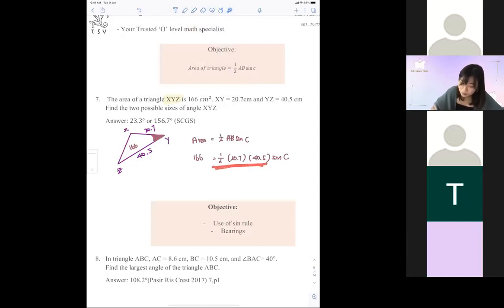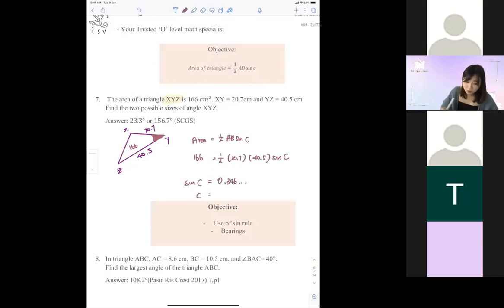All this bring over, times bring over, divide. Be careful when you bring over. Doesn't matter, you can leave it in decimal. 0.396 something something. Sine, you bring over is sine inverse.